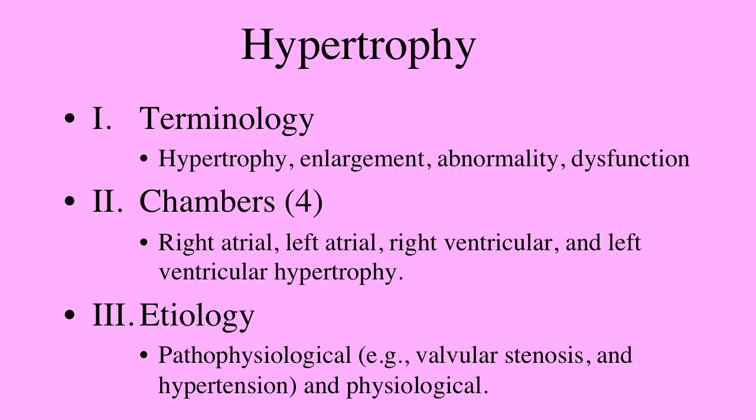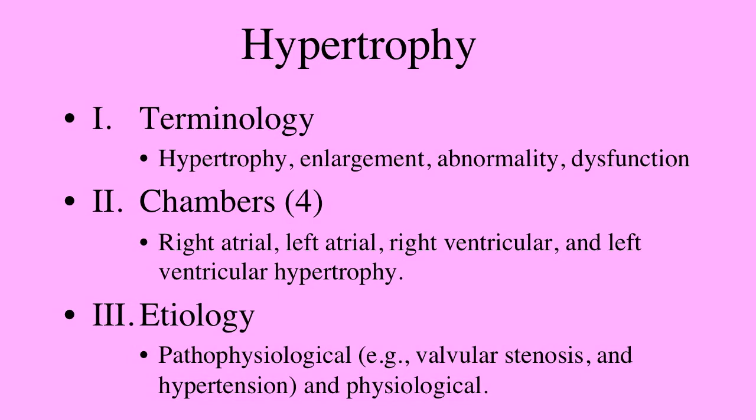So think of, if you have a stenotic valve, the chamber that has to pump through it will generally hypertrophy, and that's pathophysiological. If you have hypertension, like high blood pressure throughout the body, then oftentimes it'll be your left ventricle that has to work against that, so that'll hypertrophy. It'll enlarge, and that's, again, pathophysiological. So those are abnormal, and those are clinical.